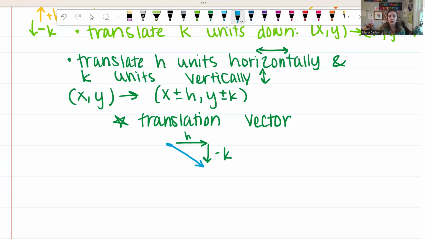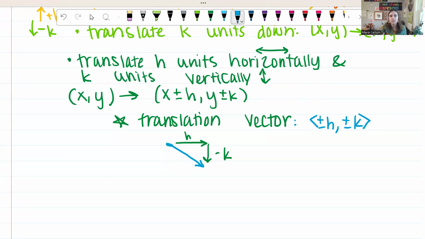Because it's always rise over run. And then we write this translation vector. You can write this in a couple different ways. Our geometry book I've seen writes it with these little brackets, they almost look like parts of a triangle. And the vector would be plus or minus h, comma, plus or minus k, meaning you go to the left or to the right, h units, and then you go up or down, k units.